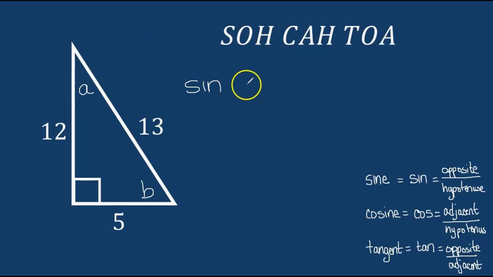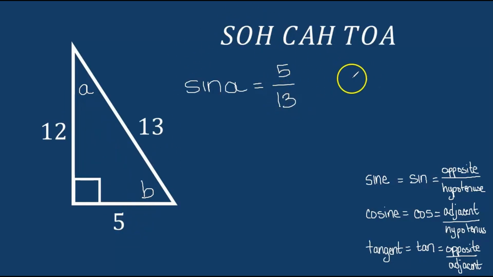So if we're talking about sine of the angle A, the opposite number is 5. This is the side that is opposite of A. We can draw a line straight to that 5. The hypotenuse doesn't change.